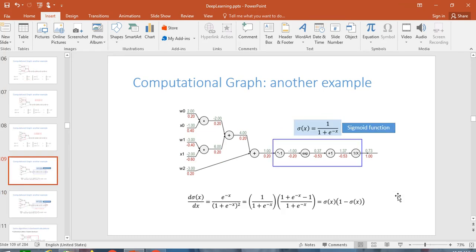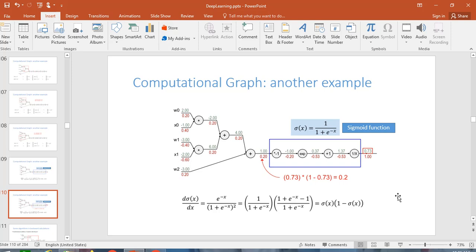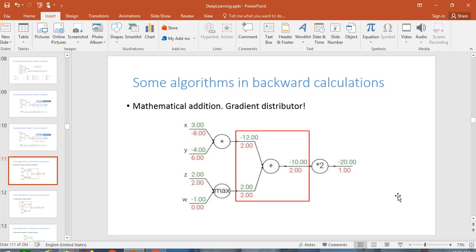So in the sum node, the gradient is transferred. In a multiplication, the gradient is switched, and in the max node, routing is performed.